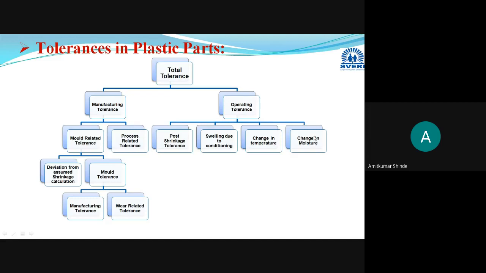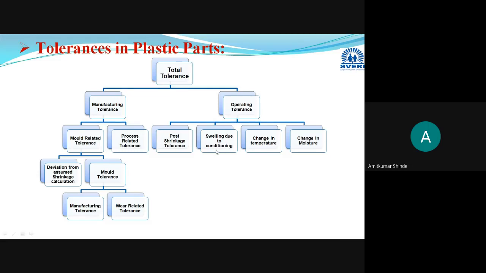That is the change in the moisture, then change in the temperature, then swelling due to the conditioning. Conditioning is nothing but here we are providing heat to the plastic material and then doing the cooling. Due to this, some conditioning of that raw material will occur.